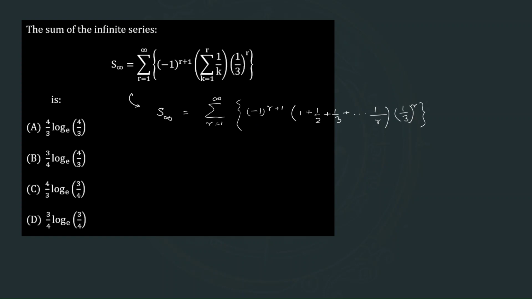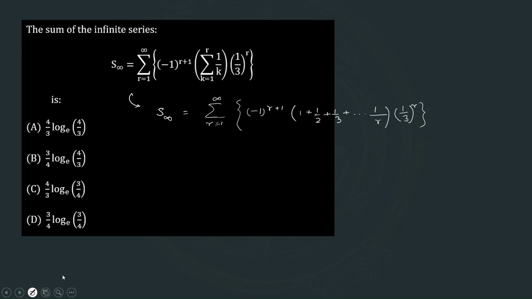So we can see a connection between x^r and this harmonic number. That means if we can somehow express this series in terms of some variable x, then we can put x equal to minus 1/3 in that expression to get the value of this summation.